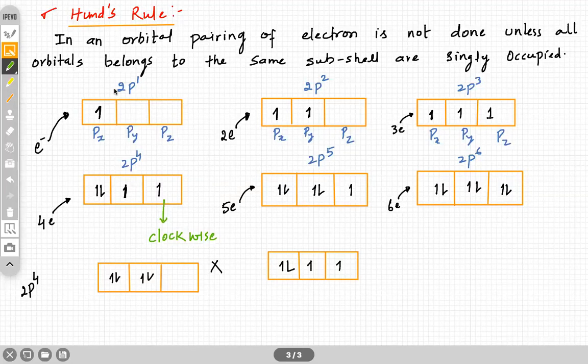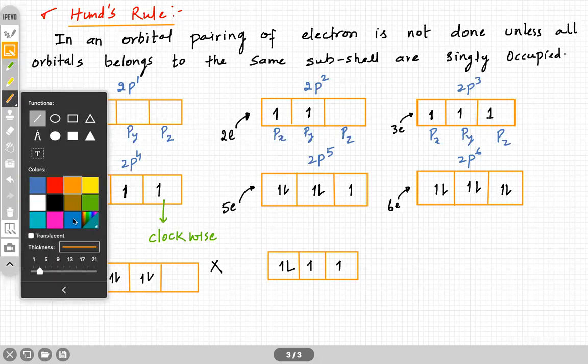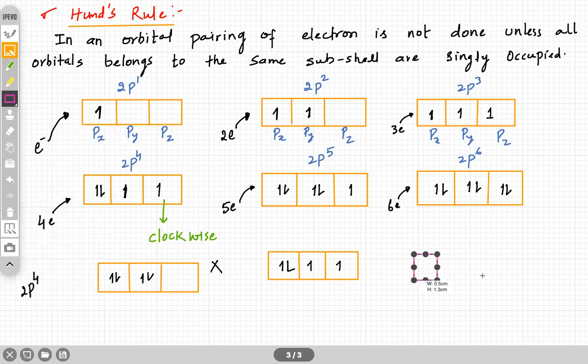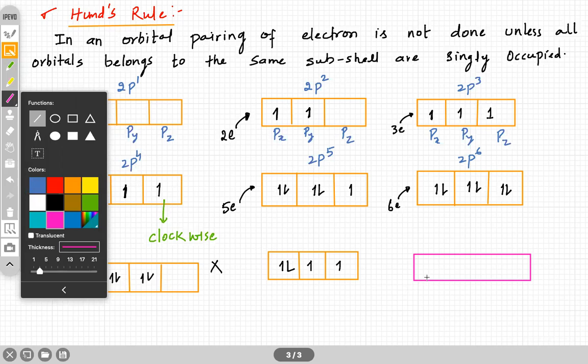Tell me, no doubt. That is what Hund's rule means. If you have, suppose, a d7 configuration, I'm assuming a configuration here. This is 1, 2, 3, 4, and 5 orbitals. The configuration is d7.